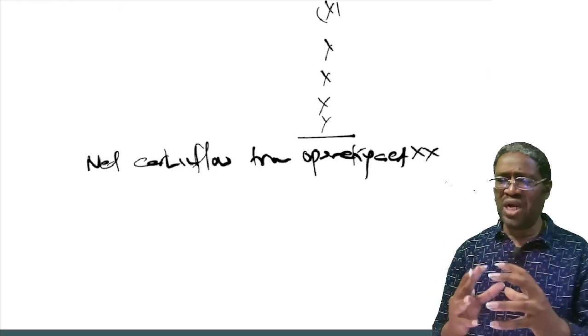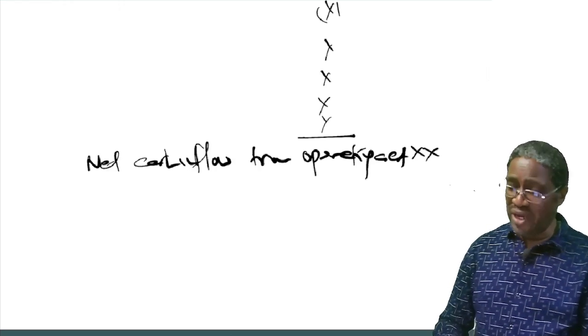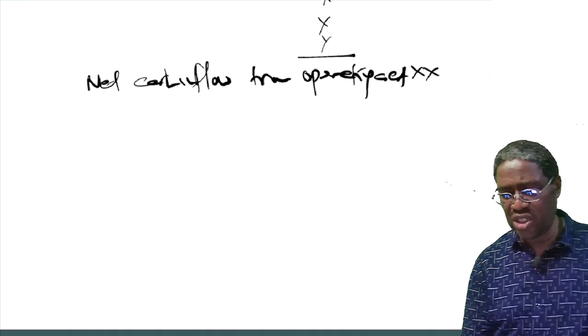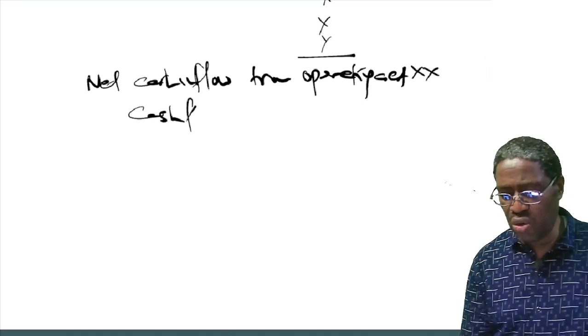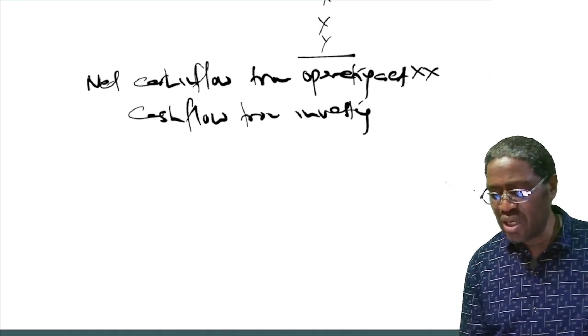That was the first class of the cash flows, that is cash flows from operating activities. You had to go to the second class of cash flows, and that's what you used to call cash flows from investing activities.